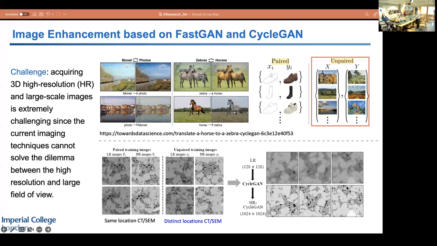One thing I would like to point out is that this kind of model is unpaired. We don't need paired data, where you have the same location at high resolution and low resolution, but here it is unpaired. It just constructs the relation between the low resolution and high resolution.